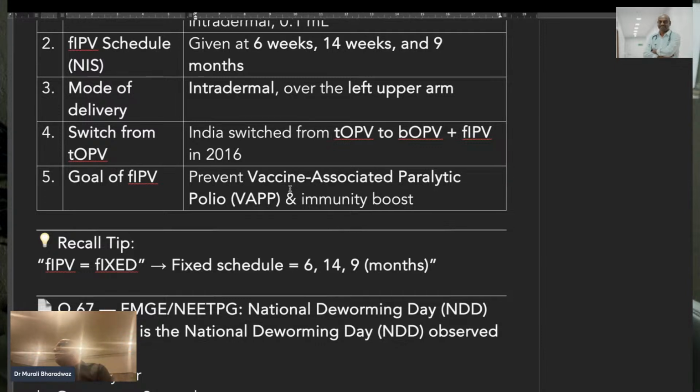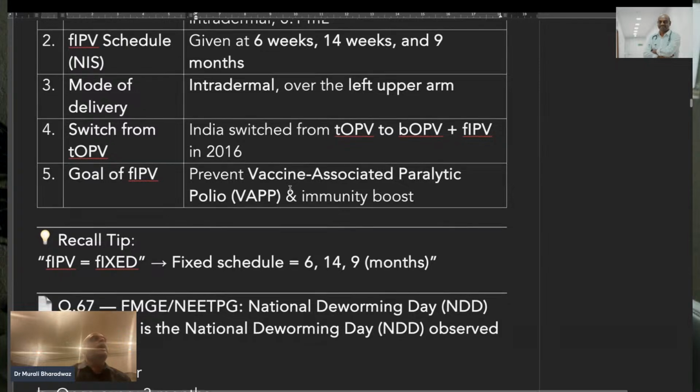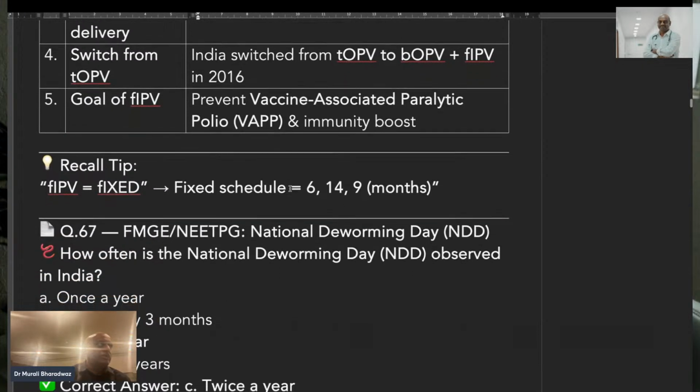FIPV is given intradermally in the left upper arm, and India switched from tOPV and bOPV to FIPV in 2016. P1, P2, P3: P2 is the one causing vaccine associated polio. P2 has been removed. P1 and P3 combination is called bivalent OPV.